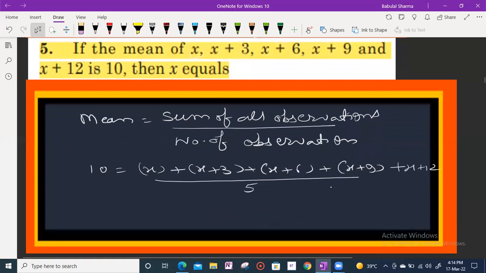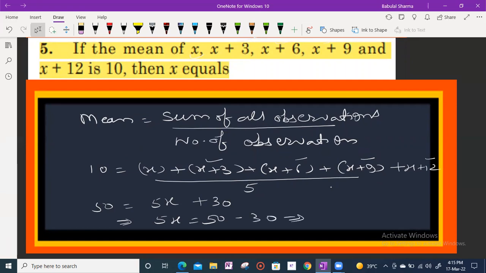On adding these values, 10 fives are 50, that is 5x plus 3, 6, 9, 18, and 12, that is 30. On further simplification, we have 5x is equal to 50 minus 30, that is 5x is 20.